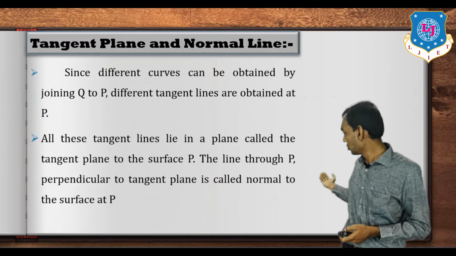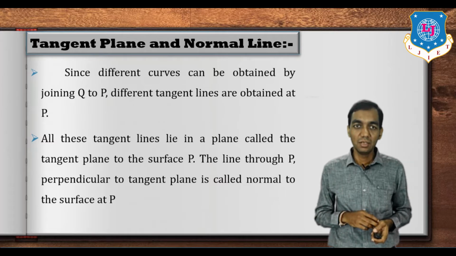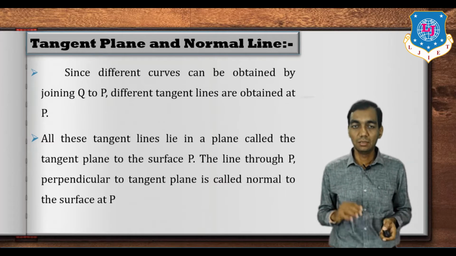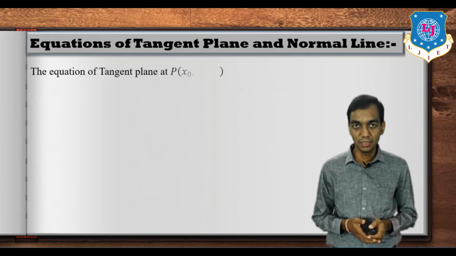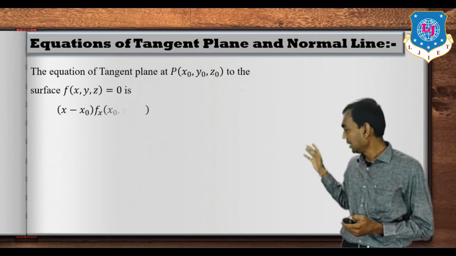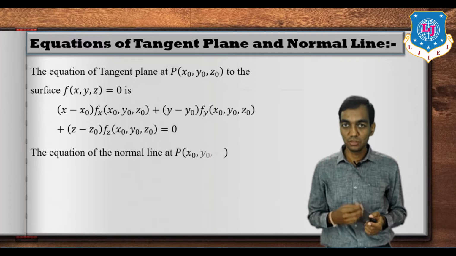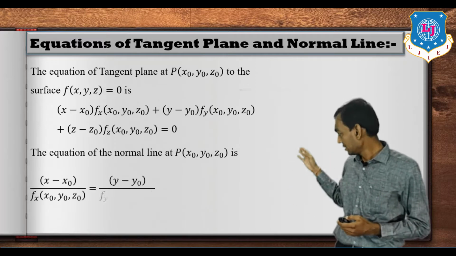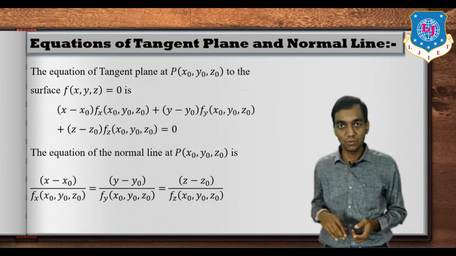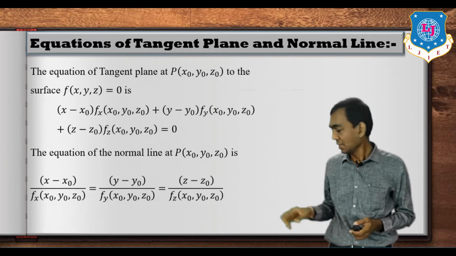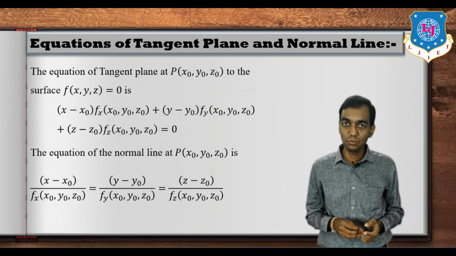Now if you draw the perpendicular to the tangent plane at point P, then that perpendicular line is called the normal line at point P. The equation of a tangent plane at any point P(x0, y0, z0) to the surface f(x, y, z) = 0 or constant is given by (x - x0) fx at (x0, y0, z0) plus (y - y0) fy at (x0, y0, z0) plus (z - z0) fz at (x0, y0, z0) equals 0.